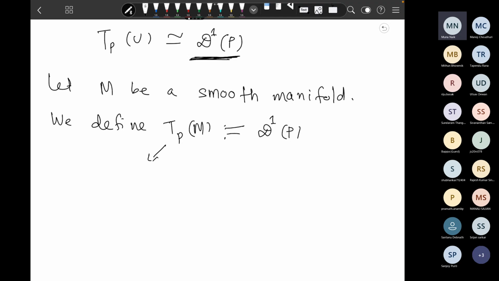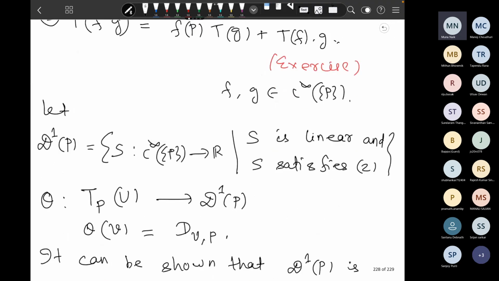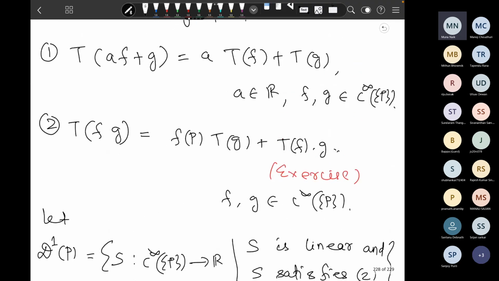This is called the tangent space of M at p. So by definition, the tangent space is the collection of all linear maps from C infinity P to R such that it satisfies the second property, T(fg) = f(p)T(g) + T(f)g(p).